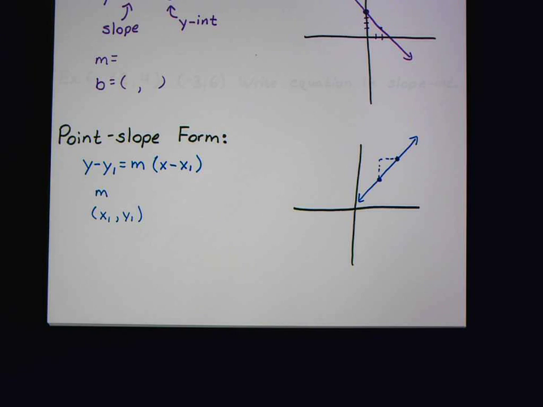Some point that's on your line. It just doesn't have to be on your axis. It'll be a point that's on your line. It'll be the point from your equation. It's not just some point that we made up. But it doesn't have to be so specific that it has to be on your y-axis.